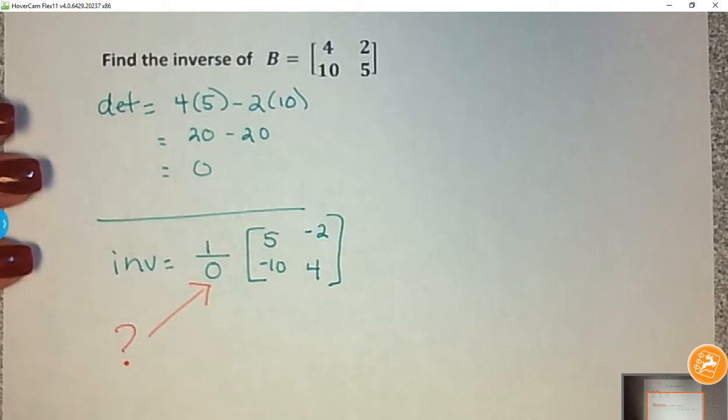So when you finish, check it up front with mine, and then we got to talk about what that means.